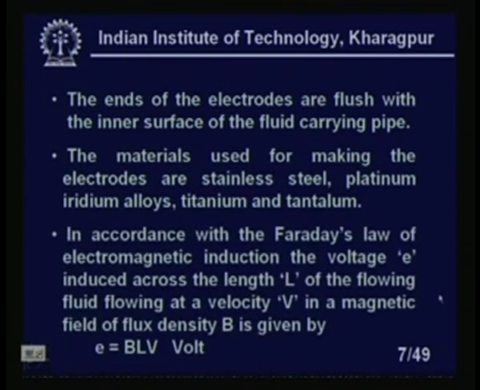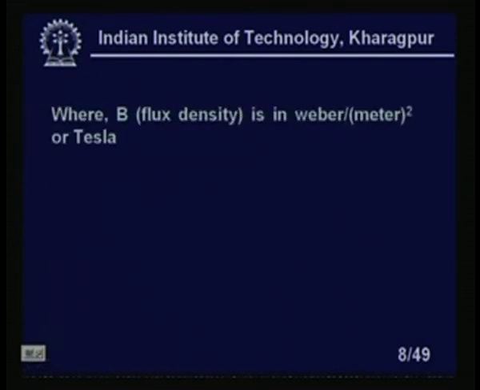So we can see that in accordance with Faraday's law of electromagnetic induction, the voltage E induced across the length L of the fluid flowing at a velocity V in a magnetic field of flux density B is given by VLB, which is obviously in volts.